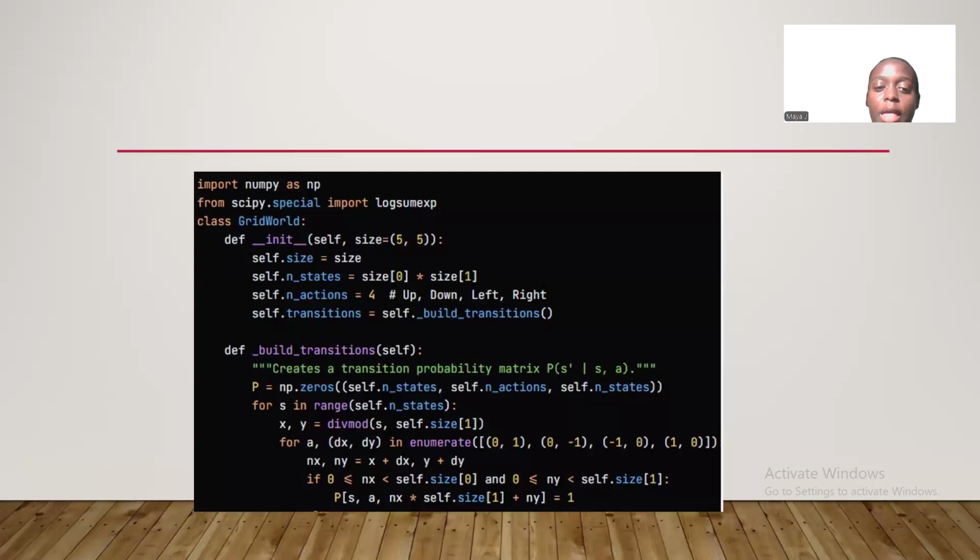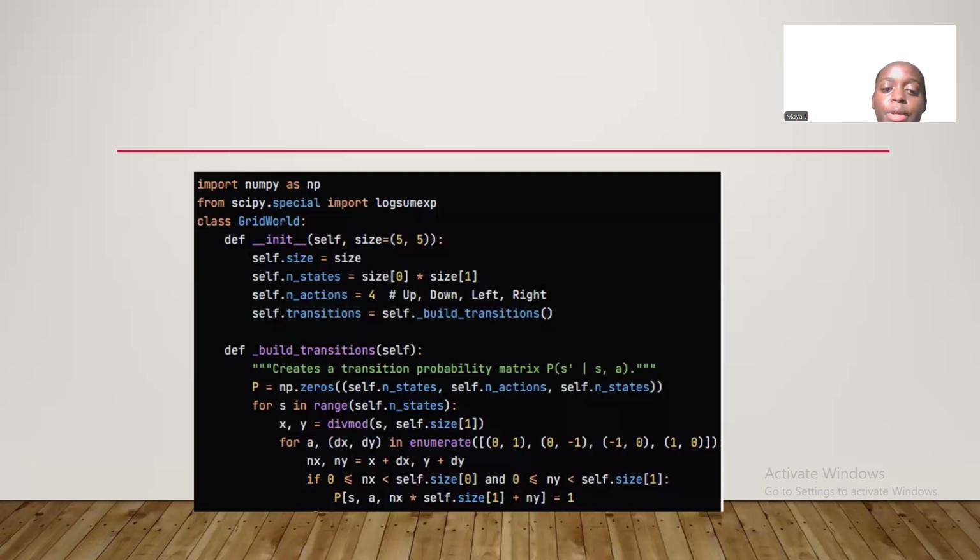So we have a function here for build transitions, and it creates a transition probability matrix, the probability of S prime given S. This helps us get the probability of an agent transitioning from state S to state S prime, given it performed action A. So we are using conditional probability.